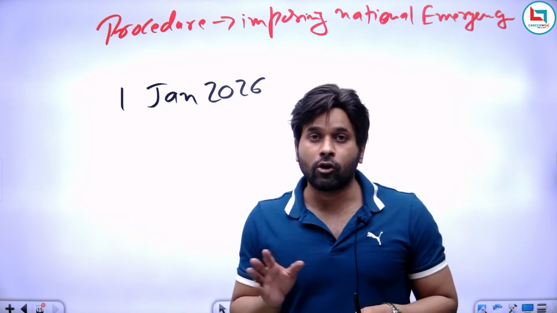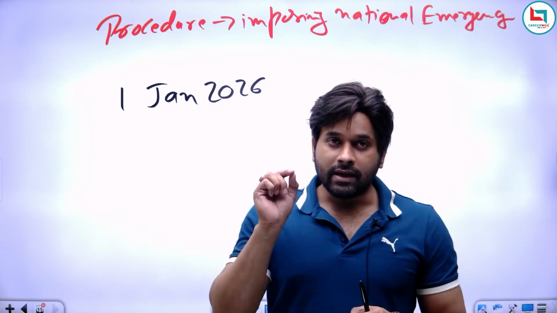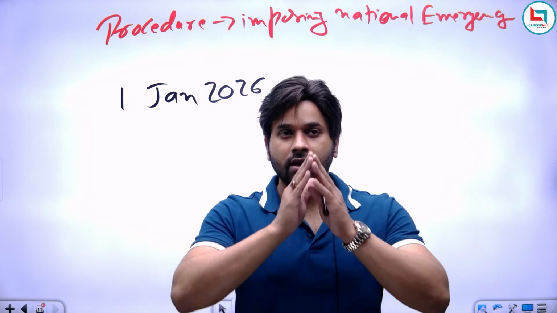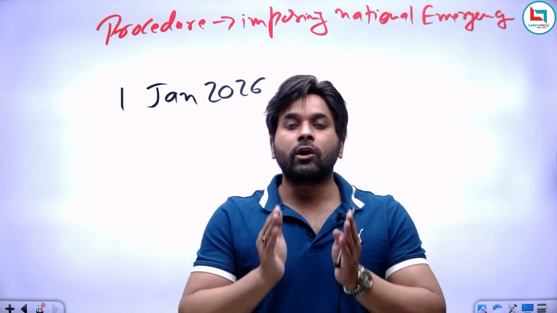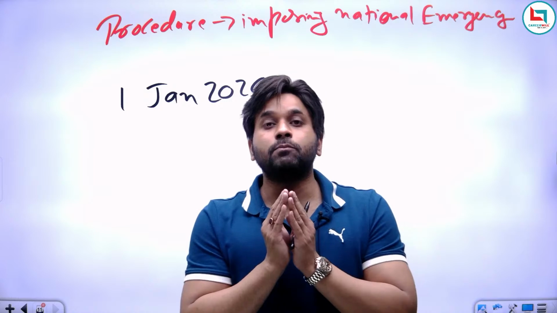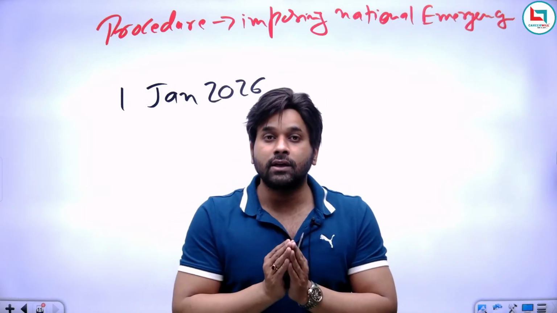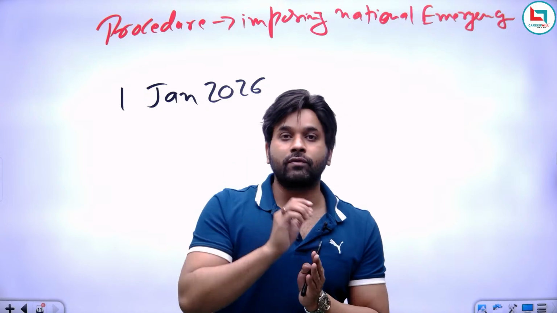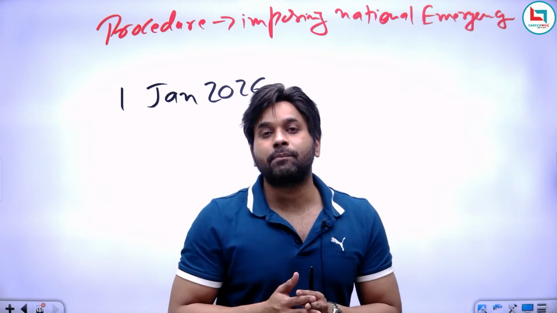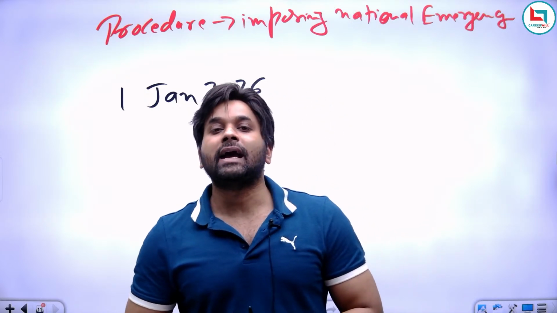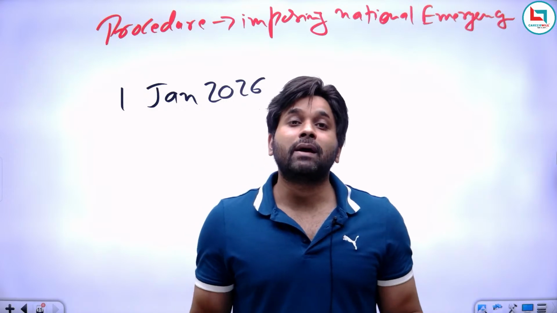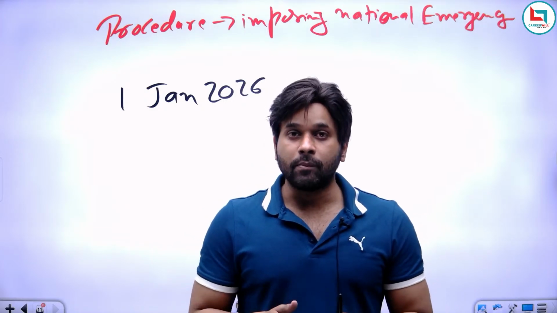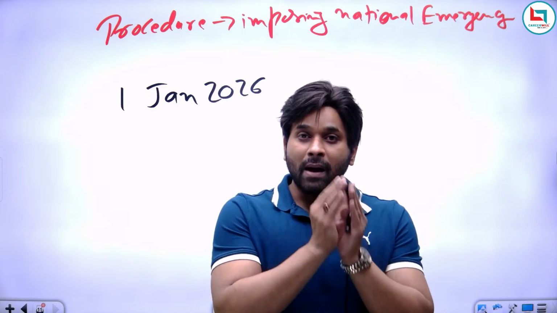And one more thing, I forgot to mention this. It is possible for the government to impose national emergency on the whole country or even a part of it. Yes, it is possible to restrict the application of national emergency to a particular part of the country. This provision was added by 42nd Amendment Act 1976. So it was by the 42nd Amendment Act that we can restrict the national emergency to a particular part of the country.